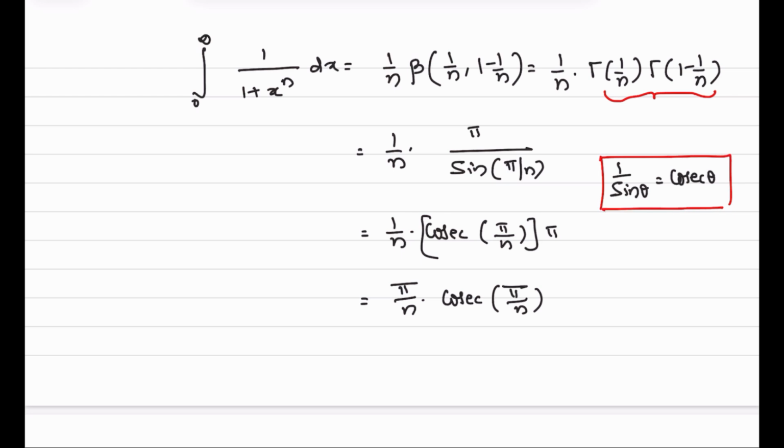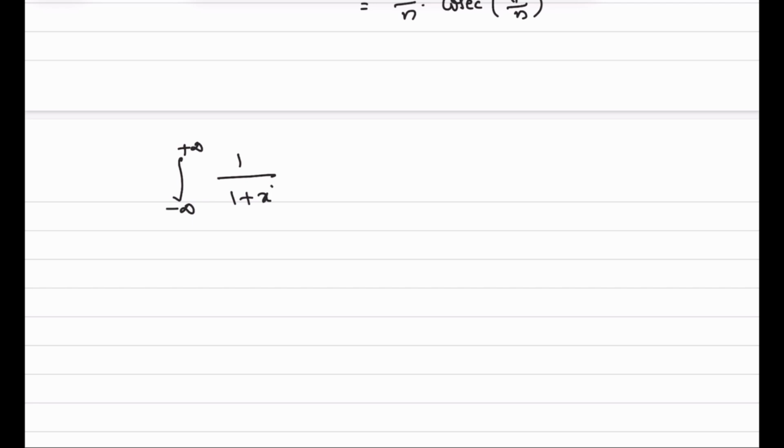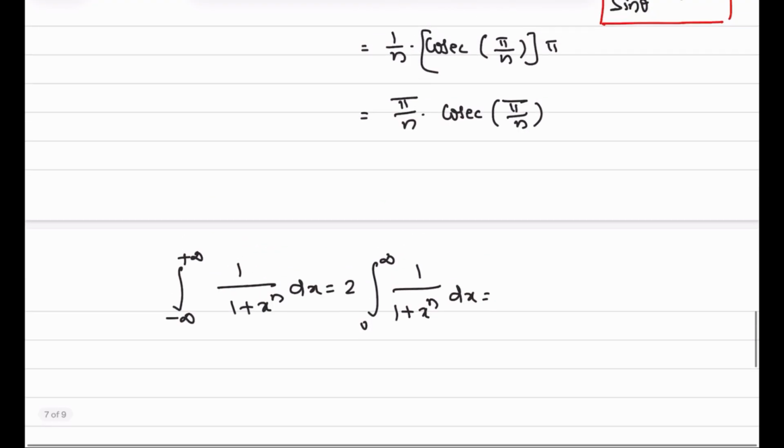Please remember trigonometry; this is a trigonometrical identity. But what are we supposed to find? Integral minus infinity to plus infinity 1 by 1 plus x to the power of n dx is equal to 2 into integral 0 to infinity 1 by 1 plus x to the power of n dx, that is equal to 2 into pi by n into cosecant pi by n.